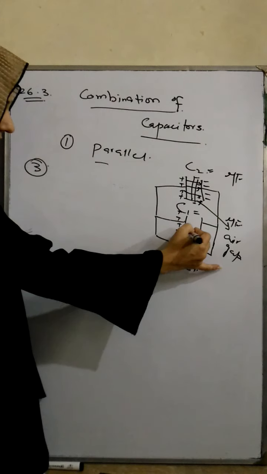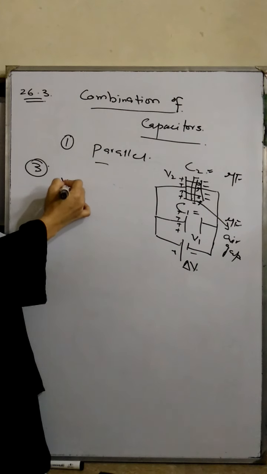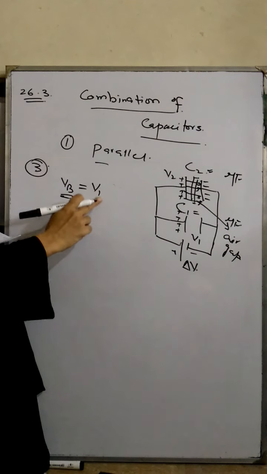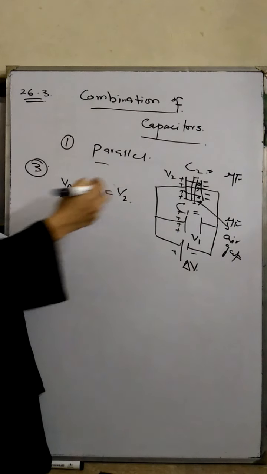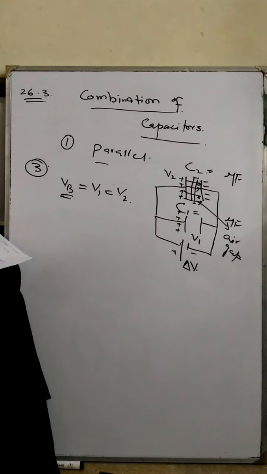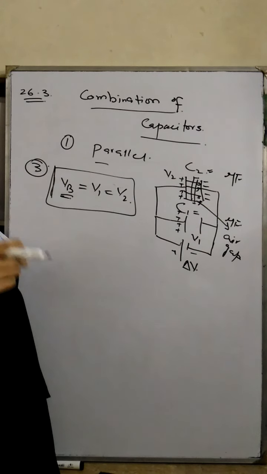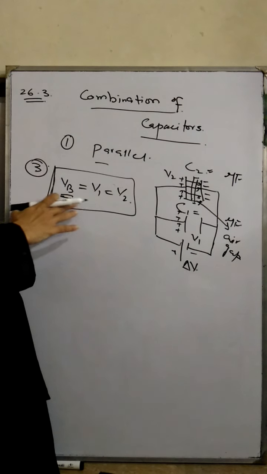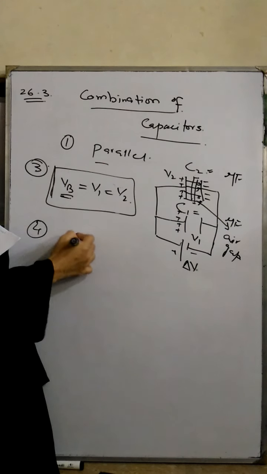That is, V_B, the potential of the battery, is equal to the potential across capacitor 1, V1, which is equal to the potential across capacitor 2, V2. So overall potential will remain the same when we have capacitors connected in parallel within a circuit. So there will be no drop of potential, but Q will vary.